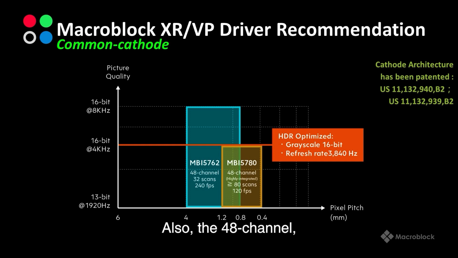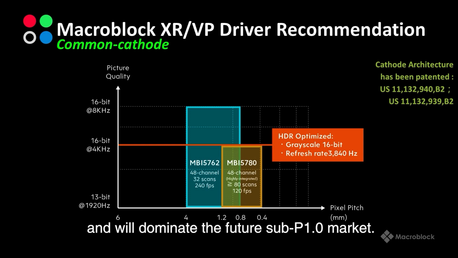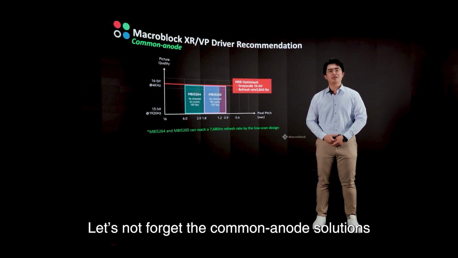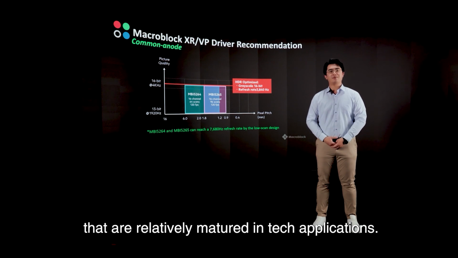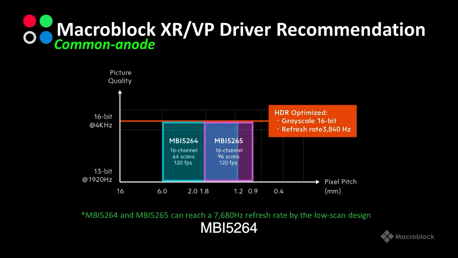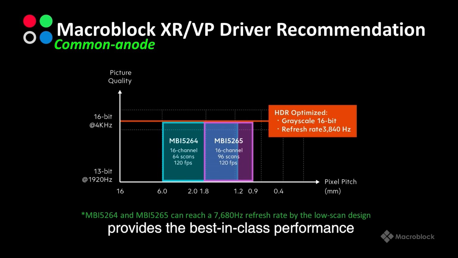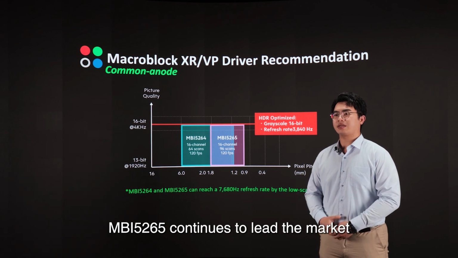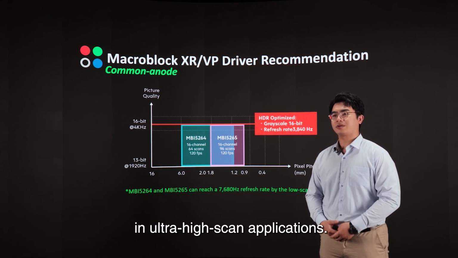Also, the 48 channel MBI5780 supports higher scans and will dominate the future sub-pitch 1.0 market. Let's not forget the common anode solutions that are relatively mature in tech applications. MBI5264 provides the best-in-class performance for 64 scan applications. MBI5265 continues to lead the market in ultra-high scan applications.